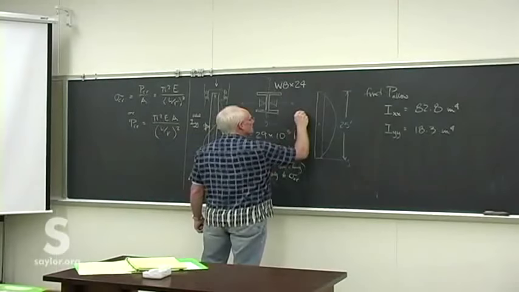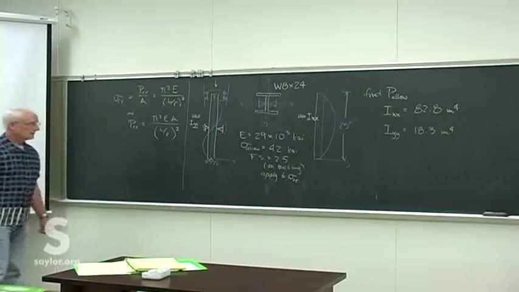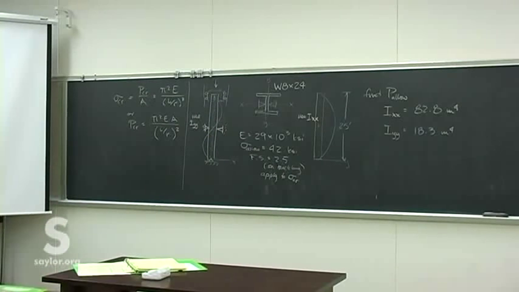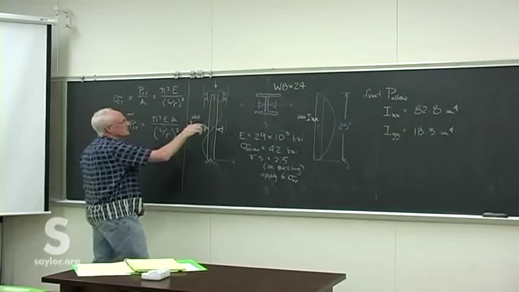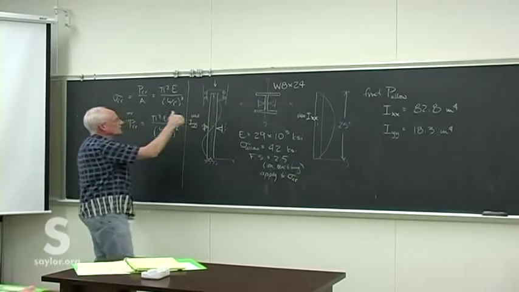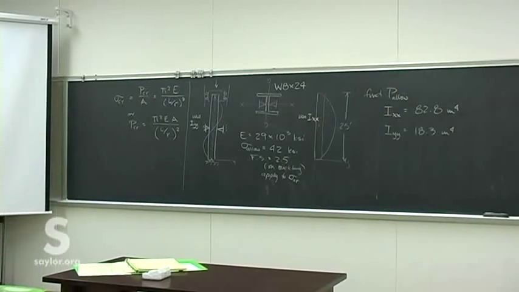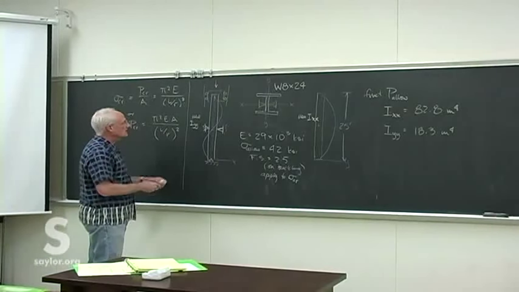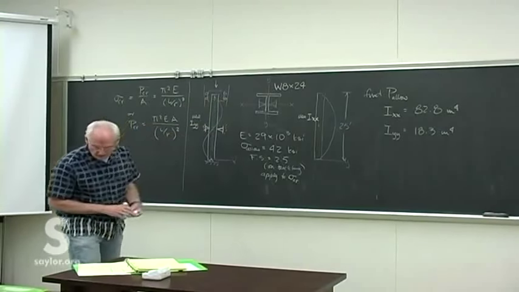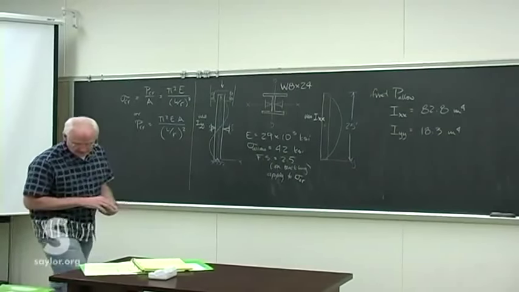And for this mode, IXX. So it bends in this direction, then we're looking at moments in that direction. Also, the effective length is half on that one, but that's either putting in the n equals 2 or the half, either way.